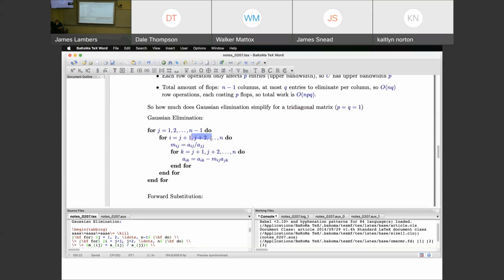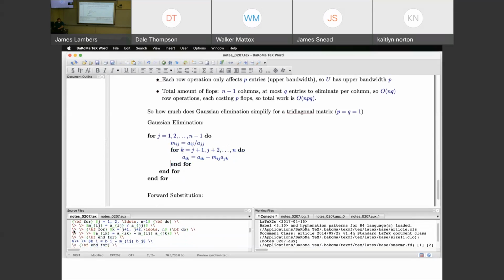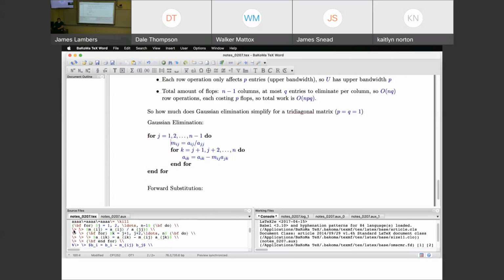So I can just get rid of that. Really, we don't even need a loop at all. I can just say i equals j plus 1. This whole part will only run once. So I'll just remove the second loop. Okay, now I can unindent a little bit.